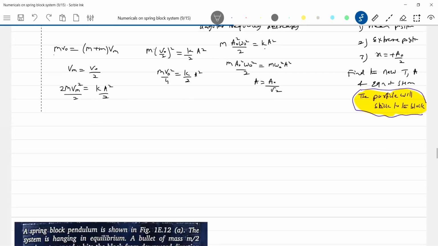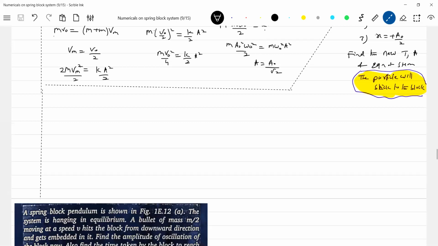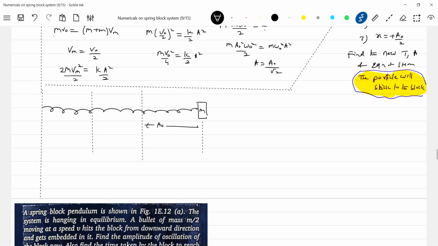Okay, let's go for the second case. What is the second case? Second case, I'm going to add the mass at the extreme. There's the mean position, and this is the extreme. At extreme point, what is the state of the block?